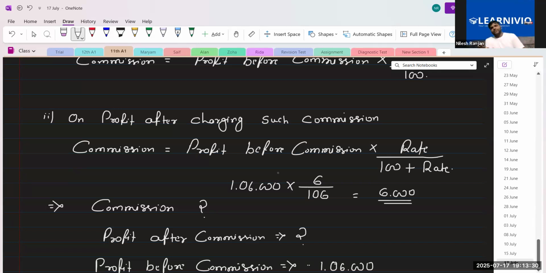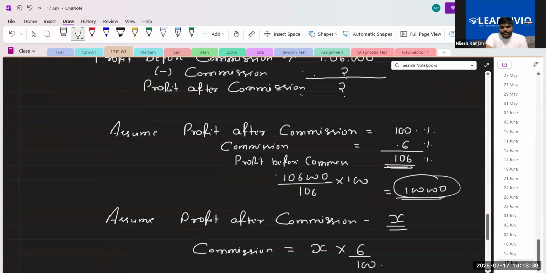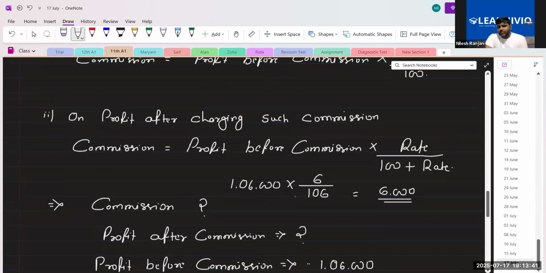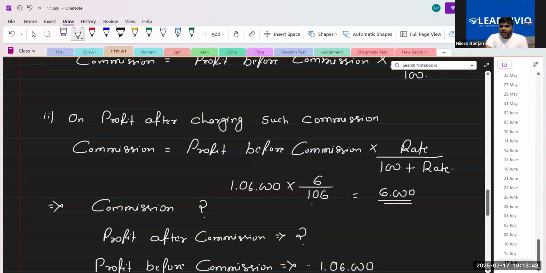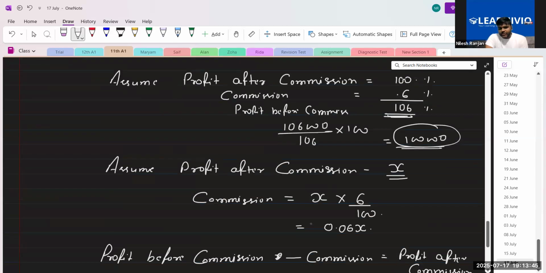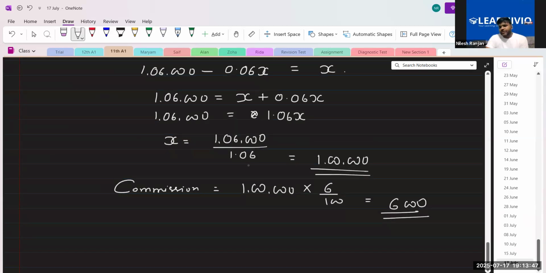So this is the third one actually, the formula which is given here, but how this formula is created, that's why I have explained these two parts. This is how it is created. 106, how it comes: 106, you can see here 1.06, that is also the same thing.